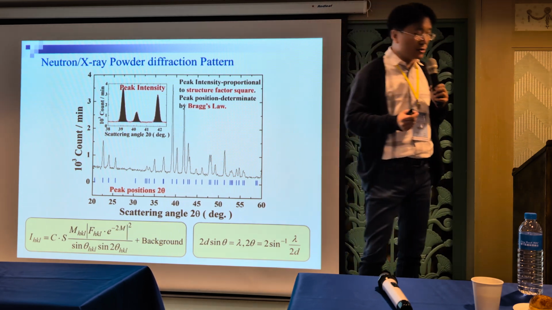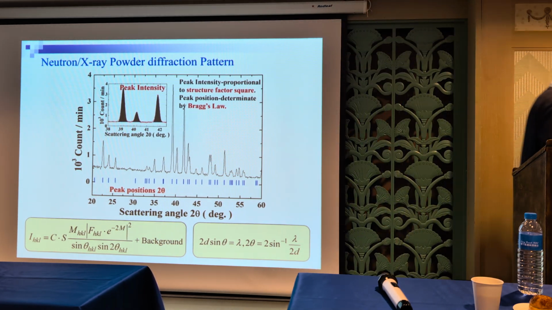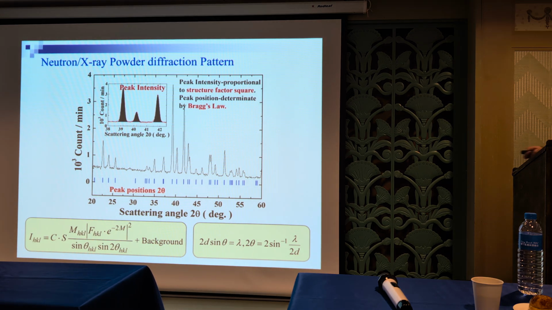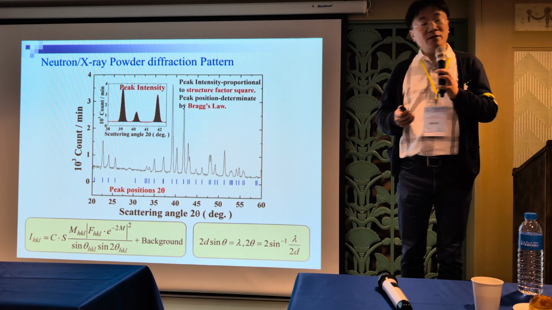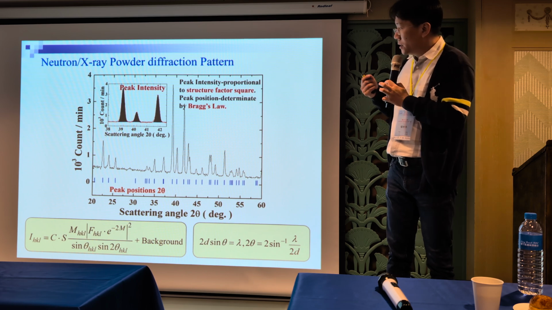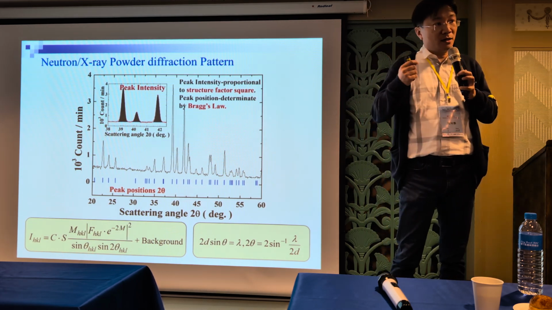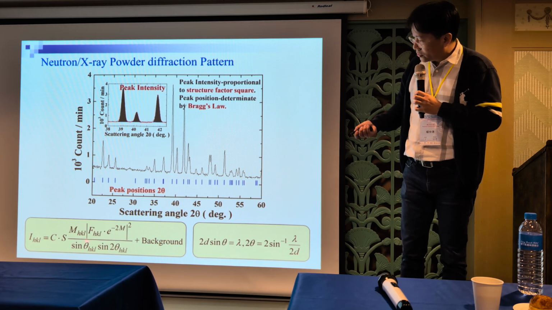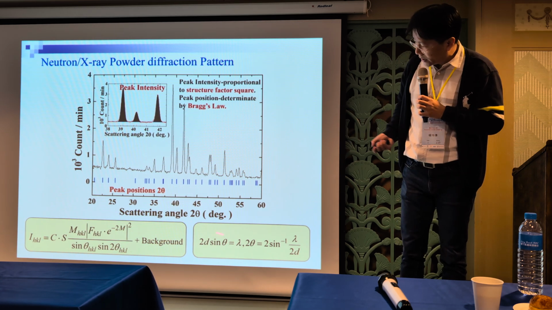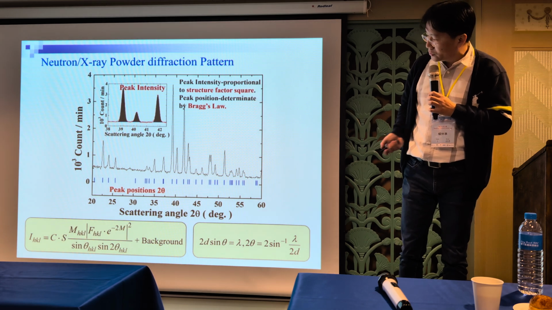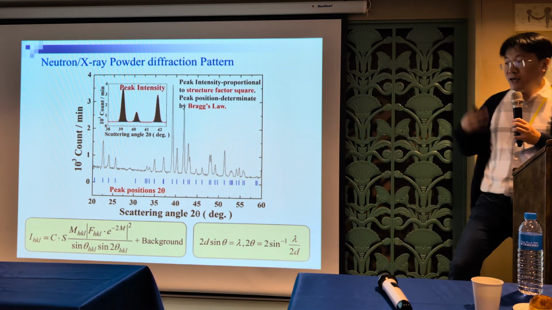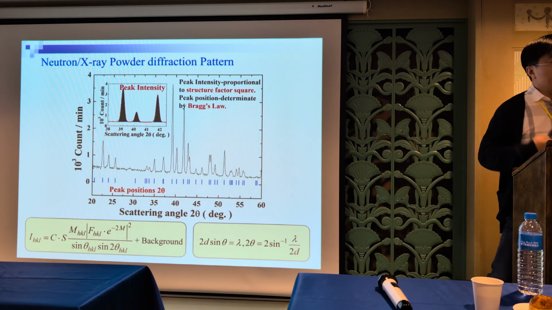The half width also tells you about the particle size. These three important features of powder diffraction need to be handled carefully when you collect the diffraction data. Shown here is the equation, which I don't want to spend a lot of time explaining, but you can get that knowledge from the textbook.